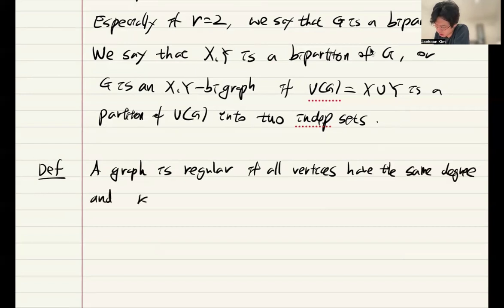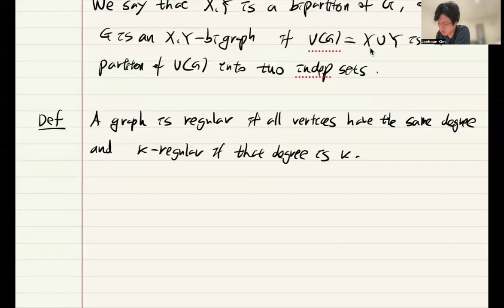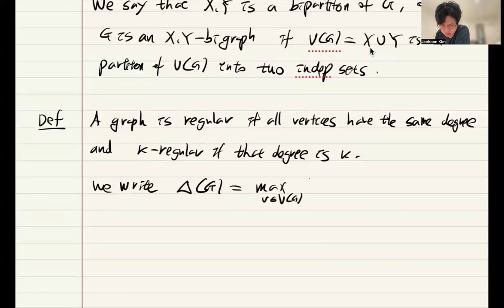And we say that it is k-regular if that degree is k. And we also write big delta of G to denote the maximum degree out of all the vertices, and small delta of G to denote the minimum degree.